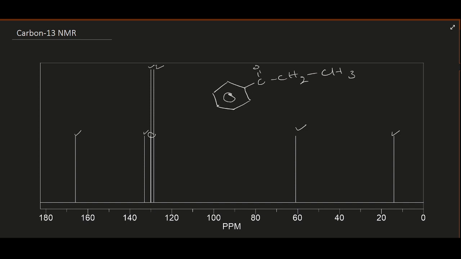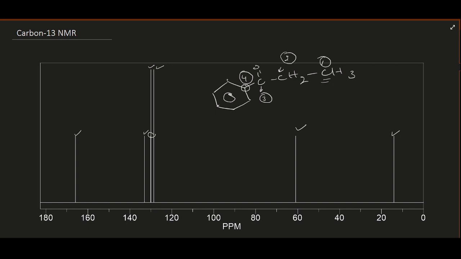There is a CH3 group, so this is the first carbon. The CH2 is the second carbon. The carbonyl carbon is the third carbon, and the one attached to the carbonyl carbon is the fourth carbon.